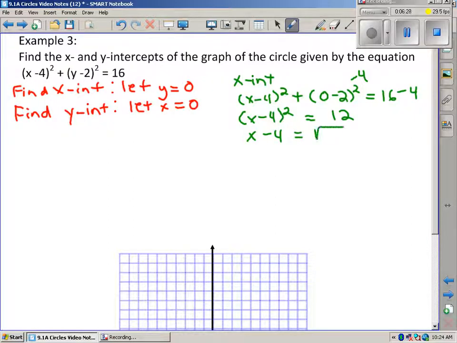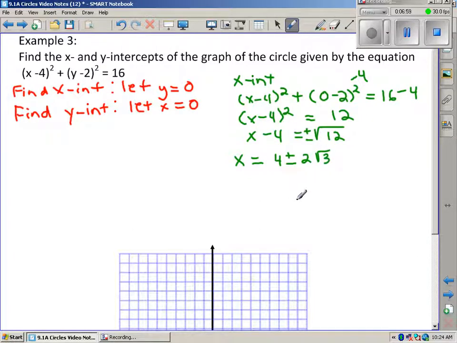And what did I forget there? I forgot my plus and minus. Now I'm going to go ahead and add 4 to both sides. So my x-intercepts are where x is equal to 4 plus or minus, and let's go ahead and simplify this radical while we're at it, and that becomes 2 square root of 3.